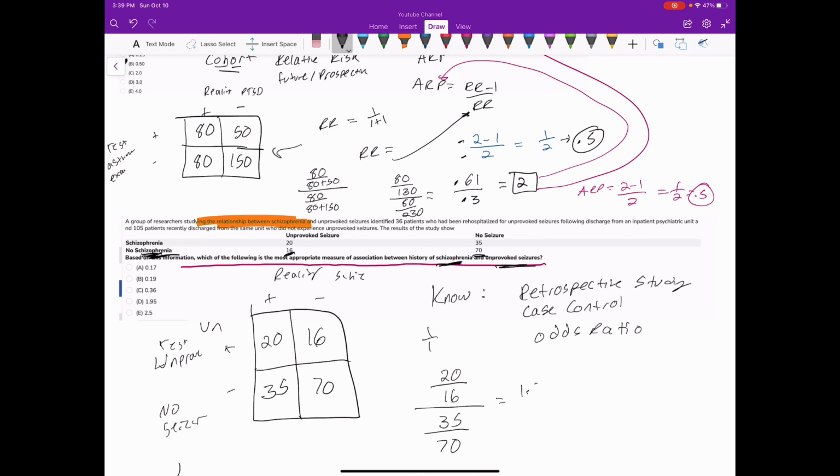Well, this doesn't look good, but 35 over 70 we know is 0.5. Now we could do 1.25 over 0.5. Where did my calculator go? 1.25 over 0.5, and we end up with 2.5. And that's going to be our answer right here.